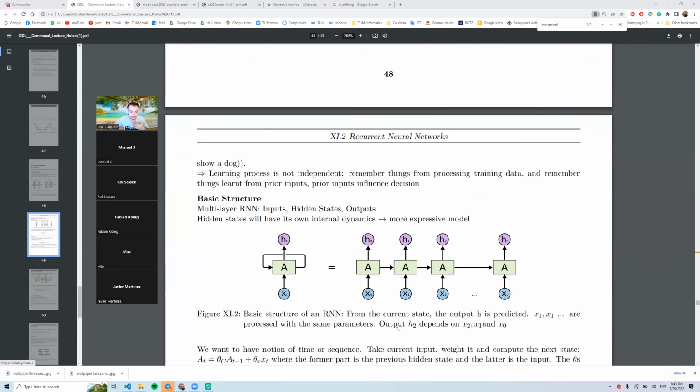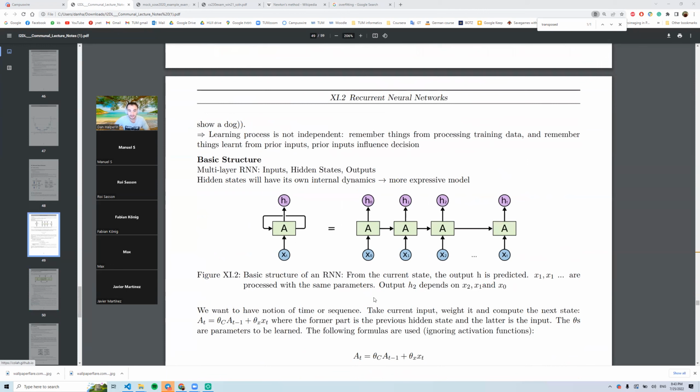Okay, let's talk a little bit about RNNs. RNNs were made in order to process consecutive data. In the very beginning, we just fed each one of the data samples one after another, and we try to understand the relations between them. For example, a sentence: we want to understand which word corresponds to which word.